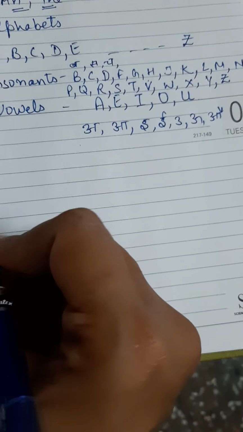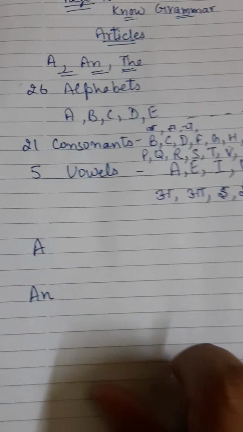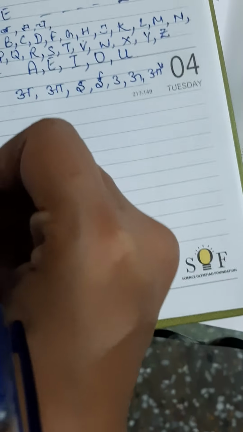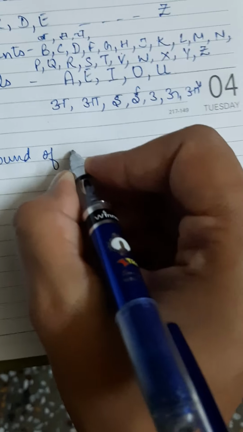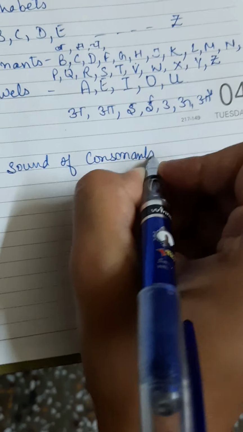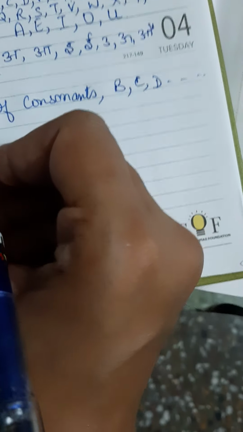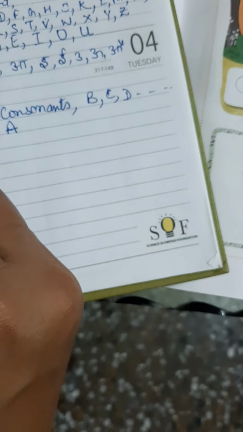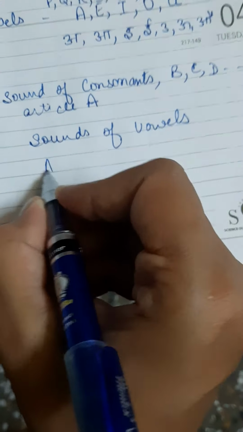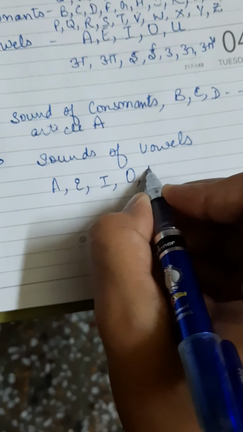So where are we using a and where are we using an? The word that gives the sound of consonants, which are the consonants that I have written? B, C, D, and so on. There we are using article a, fine. And where we are getting the sounds of vowels, that is A, E, I, O, U, we use an.